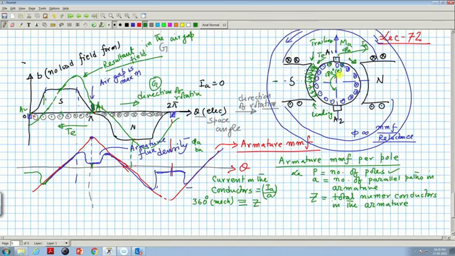Now, I want to find out how many conductors are present over 180 degree electrical.